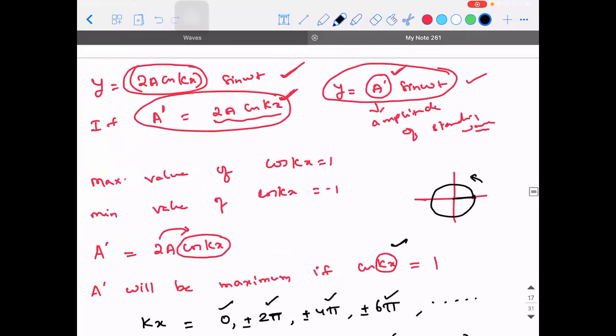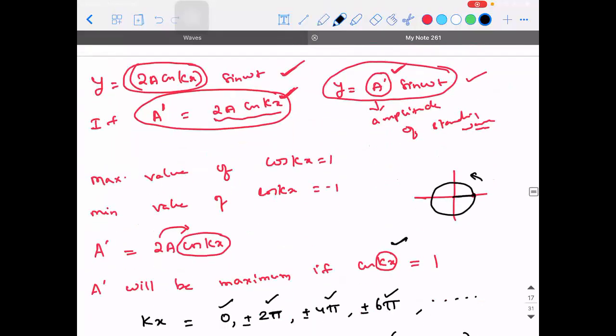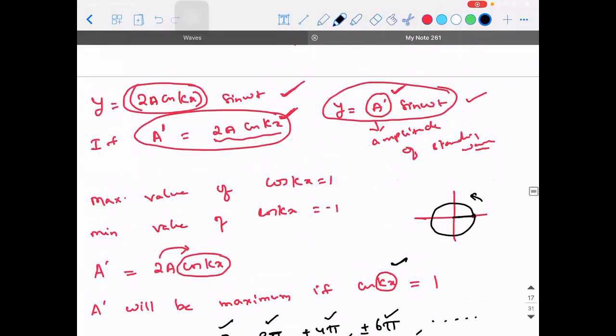Before max value of cos x. Yes, sir, from here. Thank you, sir.